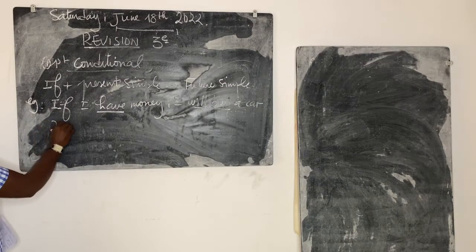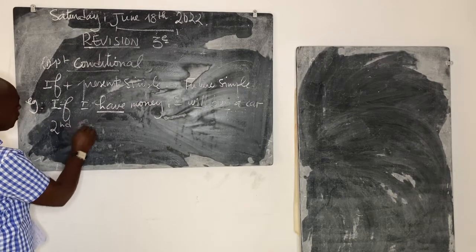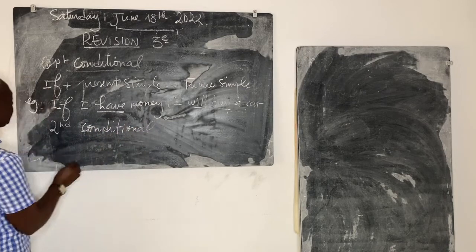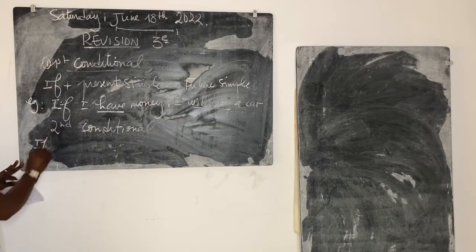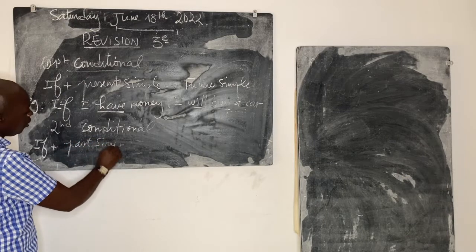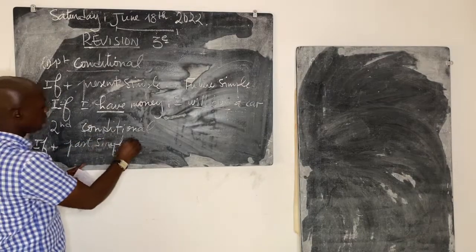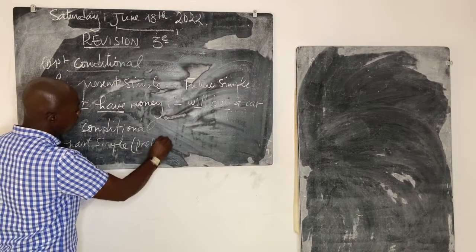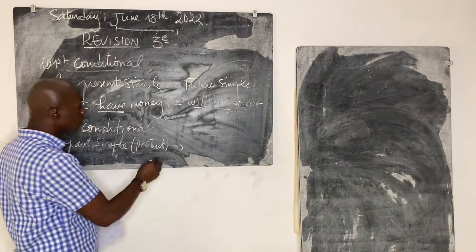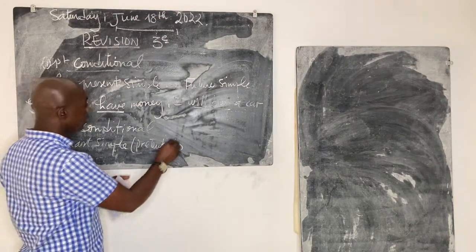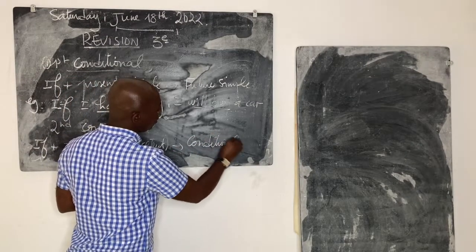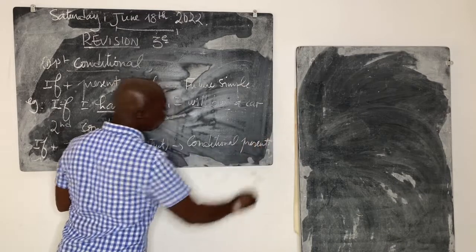And the second conditional, we say that when we have if plus past simple or preterite, in the subordinate clause we have the conditional present or conditional simple.